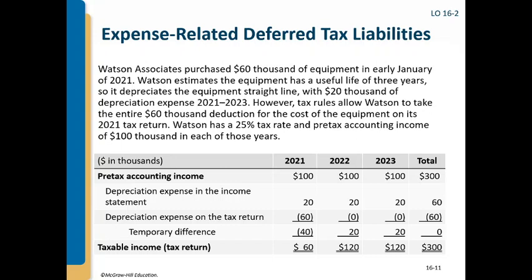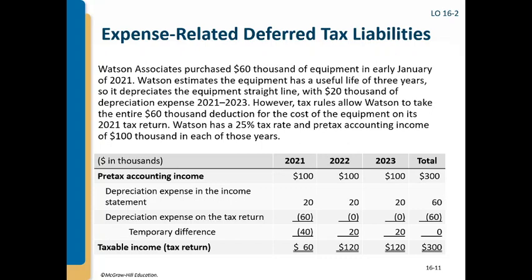For tax purposes, we're deducting the whole amount of the machinery in year 1. If you recall, that's under Section 179 expense. That's not a financial accounting concept, that's a tax concept. So if you've taken personal income tax, you should possibly remember Section 179.